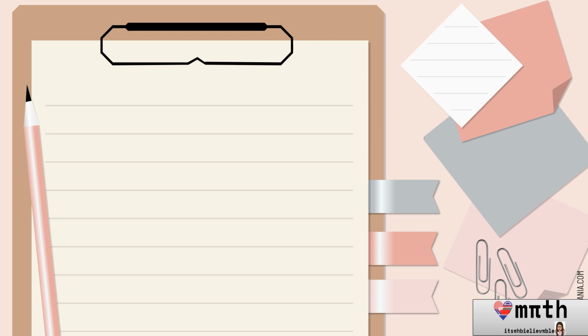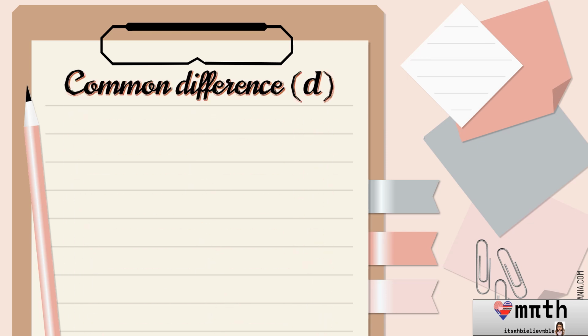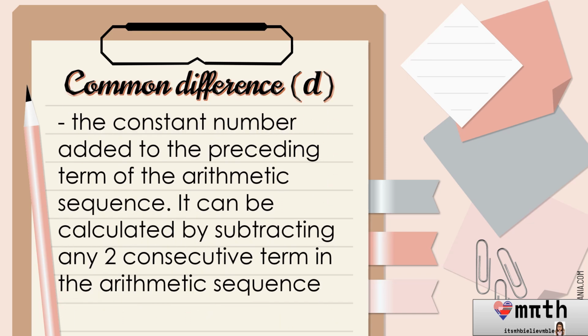On the other hand, our common difference, which is d, is the constant number added to the preceding term of the arithmetic sequence. It can be calculated by subtracting any two consecutive terms in the arithmetic sequence. Let us have an example.